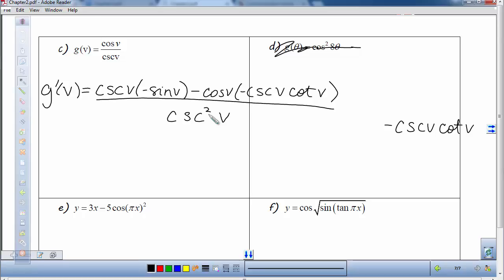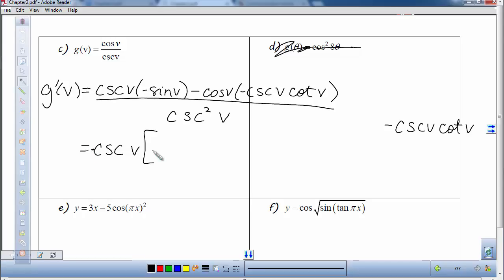Okay, so we're going to try to clean this up a little bit. What can I do up top? How many terms do I have? Okay, we can factor out cosecant. Actually, let's factor out negative cosecant, because there's a negative right here, right?